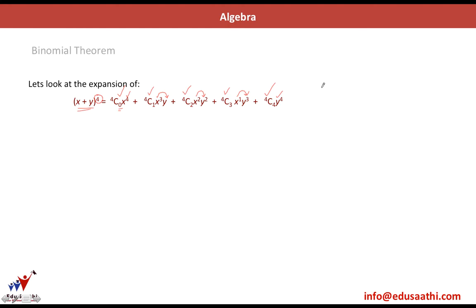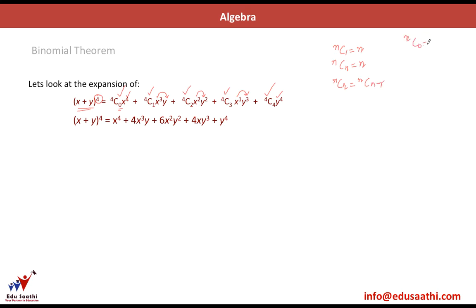So you will have 5 coefficients starting from 4C0 and ending with 4C4. If we just further solve the value of the coefficients, I know NC1 is always equal to n, and NCn is also equal to n, and NCr is equal to NC(n minus r).